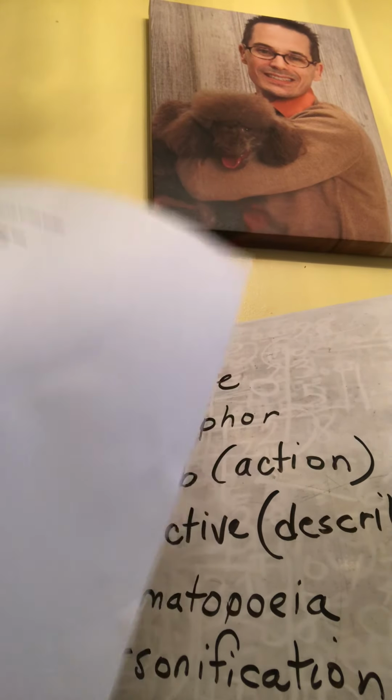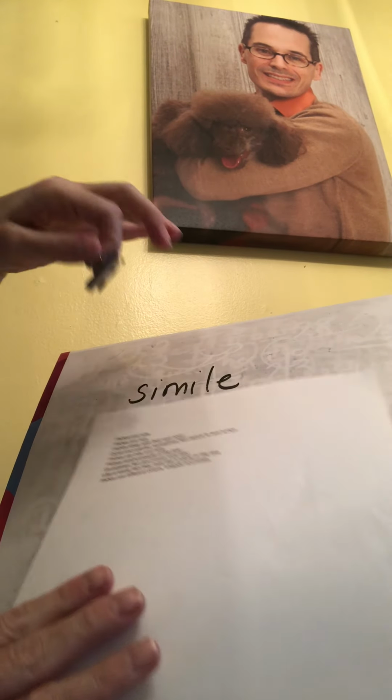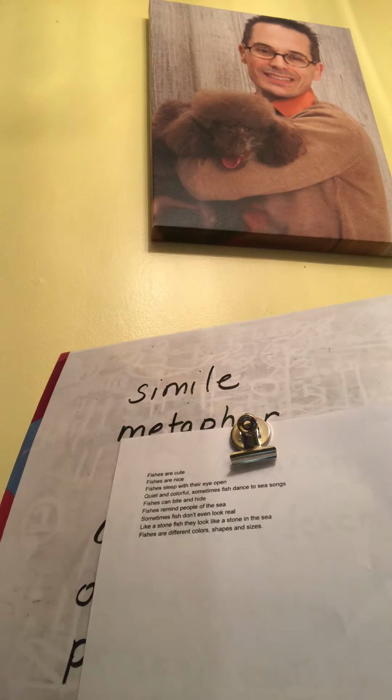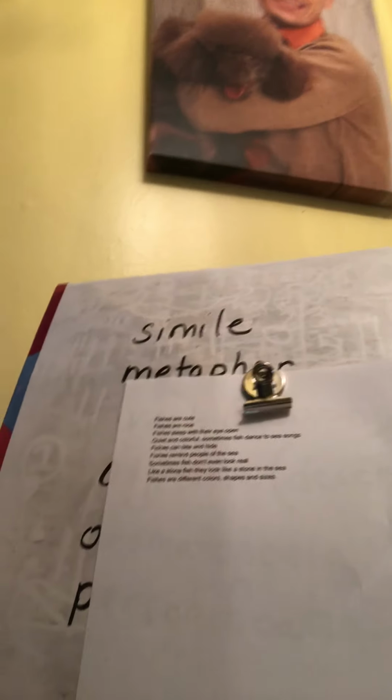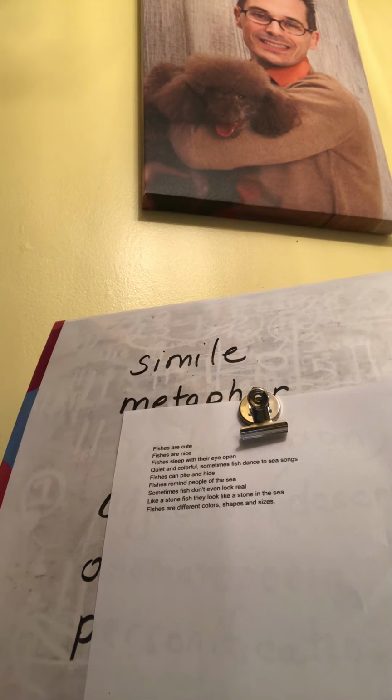Okay? So, the first thing I want to show you is one of Thames' poems that she wrote, one of her first poems, that I just happened to notice that she had a comparison in here, and some good describing words.